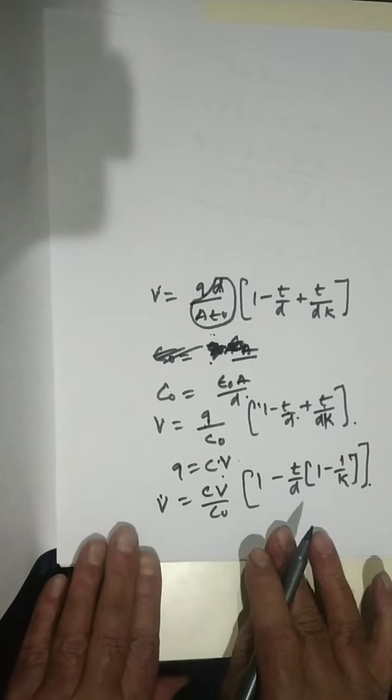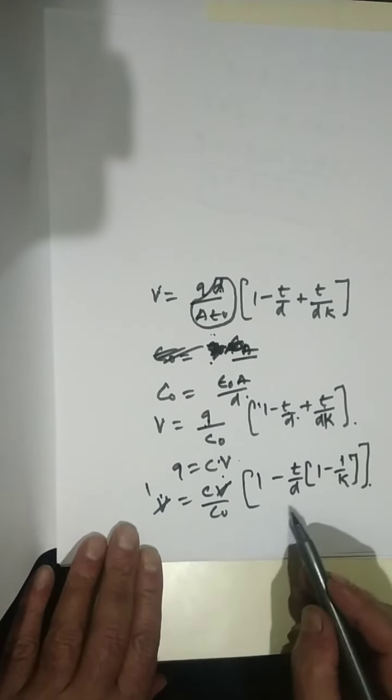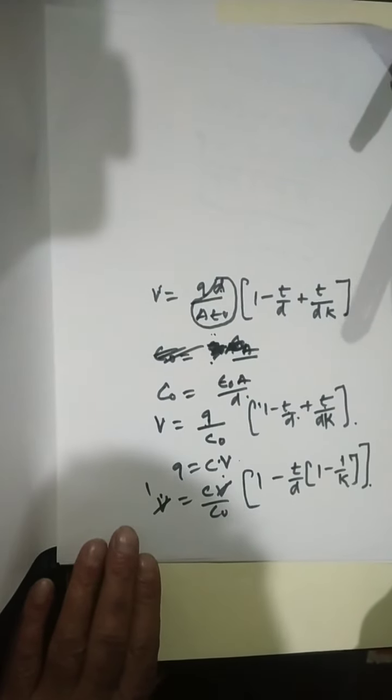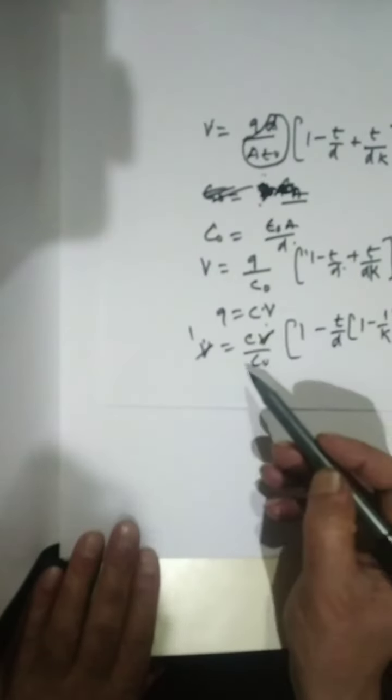Now V and V cancel, so we will get C is equal to C0 divided by 1 minus T by D into 1 minus 1 by K, by cross multiplying. What will we get?